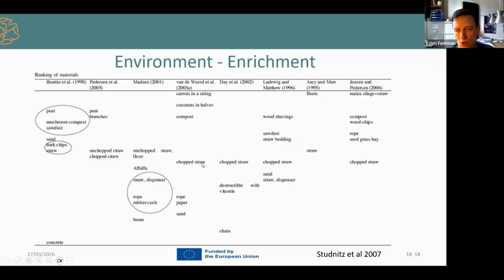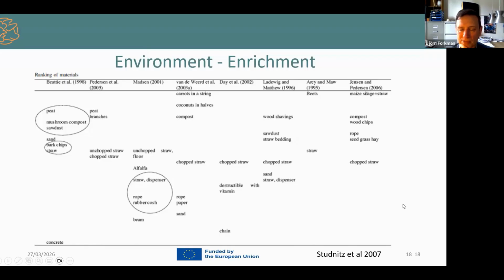Whereas chopped straw comes much lower down. Straw from a dispenser, and this is important, I'll get back to this, comes further down. Sand, beam, metal chain, or even concrete, which has been tried out, are extremely low down on that preference.